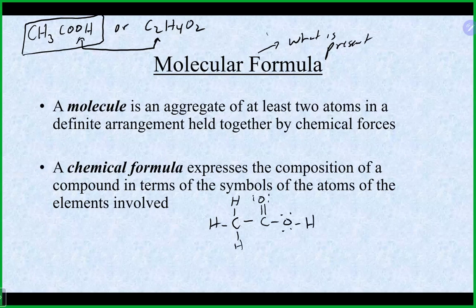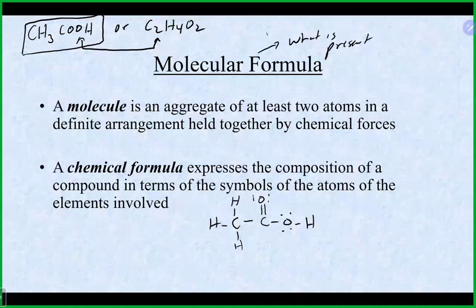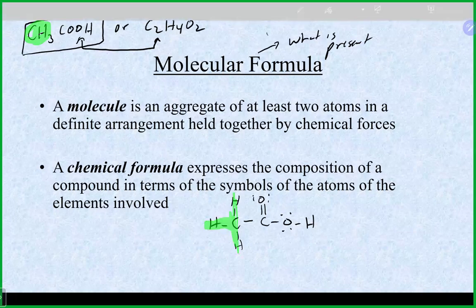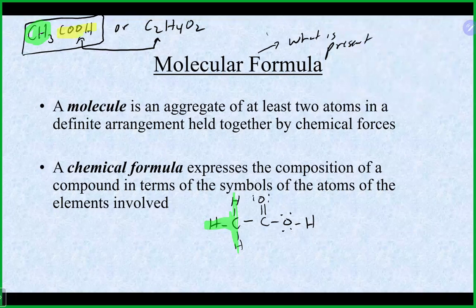You can see in the first formula on the left, it gives you how it's put together. You have a CH3, that's a carbon and 3 hydrogens attached to each other. You have this COOH, which if you continue to take organic, you'll learn is the carboxylic acid group. Again, it gives you a little more information about how it's connected.